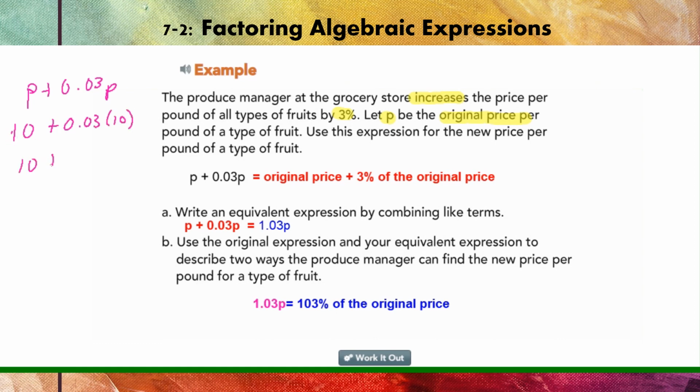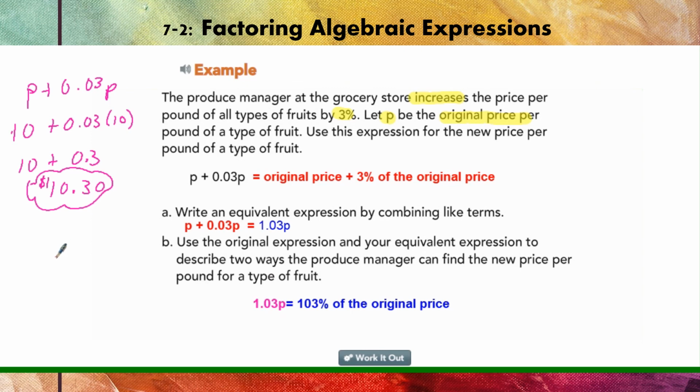Then we have 10 plus 3% of 10 is 30 cents, or 3/10. Now we have to go ahead and add that together. So that would be $10.30. So if each pound of fruit was $10, we know it would increase to $10.30. Now let's go ahead and do this the second method.